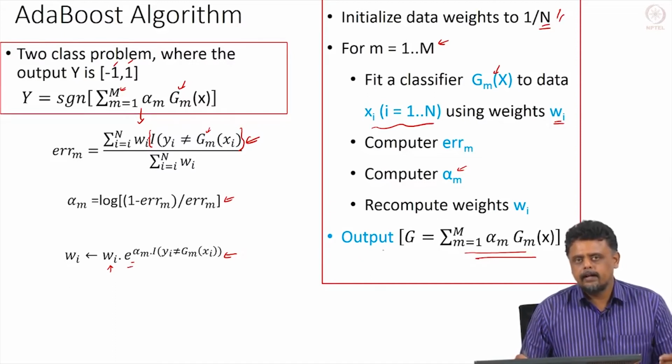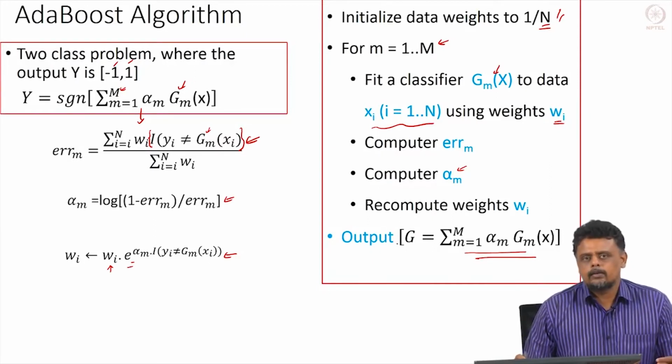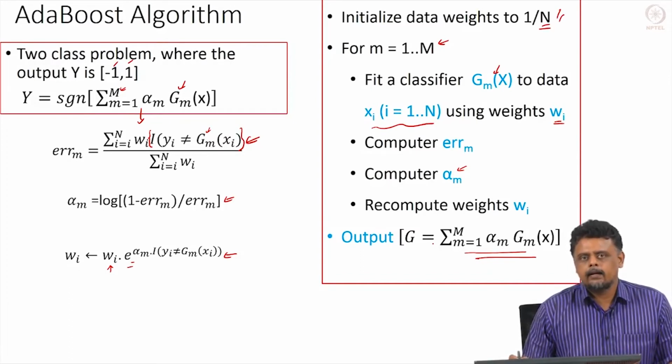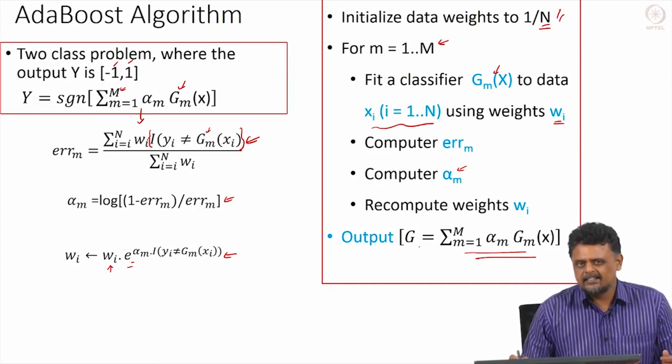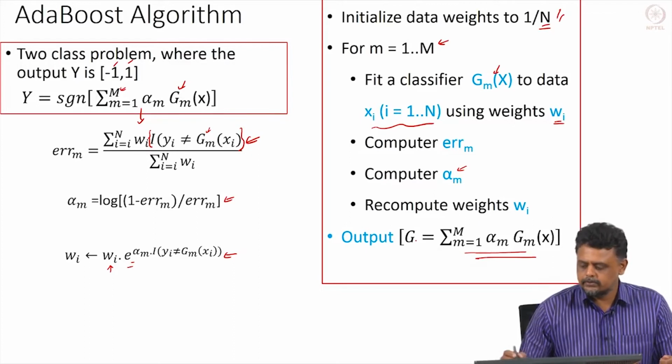So, in every iteration you fit your data to what is called a weak learner or a weak classifier. Okay. And you look at all the data points that have been misclassified, and you assign higher weights to those data points. That is what this step does.